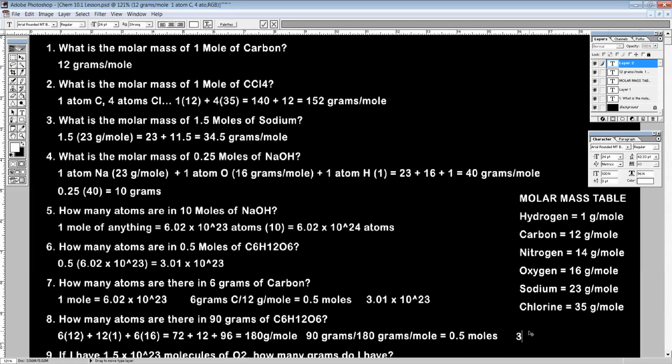So how many atoms? Once again, it's 3.01 times 10 to the 23rd atoms in 1/2 a mole. And so again, that's three different ways to look at kind of the same thing, half of a mole and the number of atoms based on Avogadro's number.